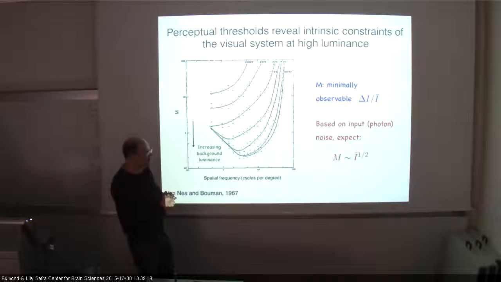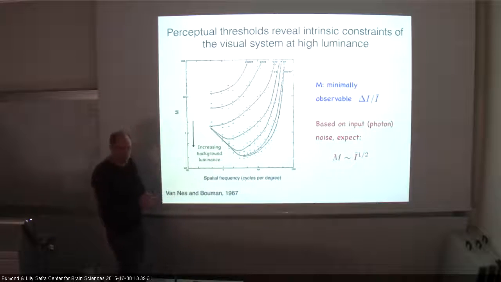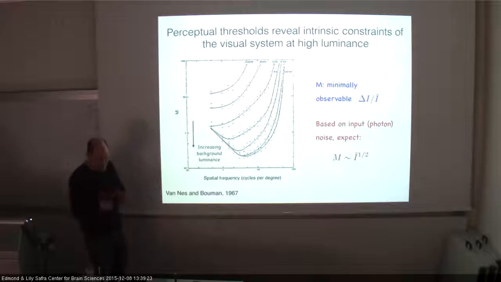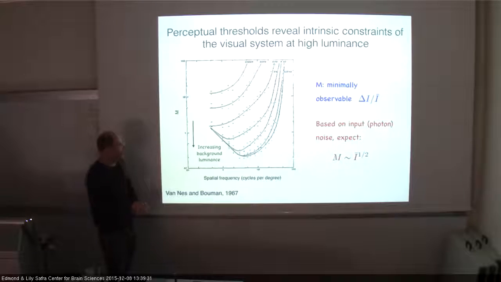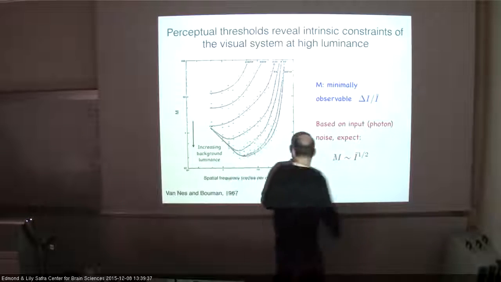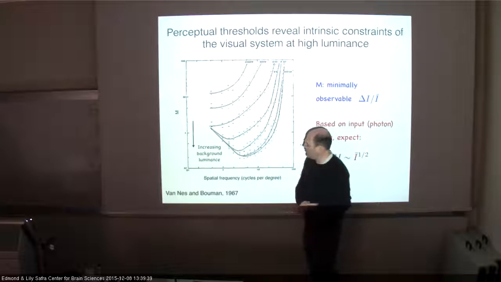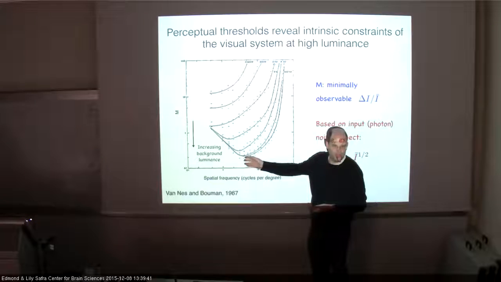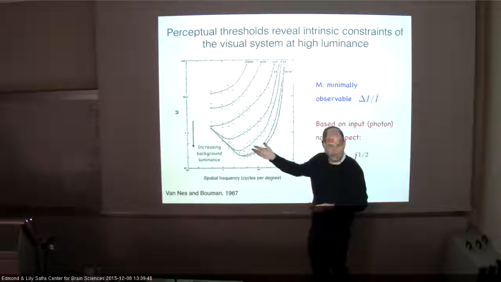But this raises a question. One thing is, if this is the way the retina responds, then perhaps it makes sense that this is how our perceptual thresholds would look. I didn't prove that. But another question which is raised is why would the retina start to use this kind of encoding, where it's more sensitive to high spatial frequencies at high light intensities?